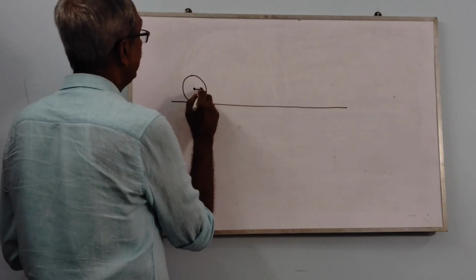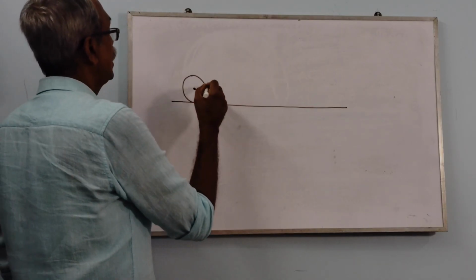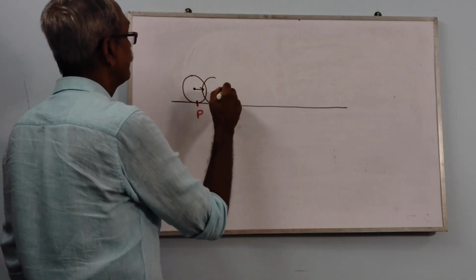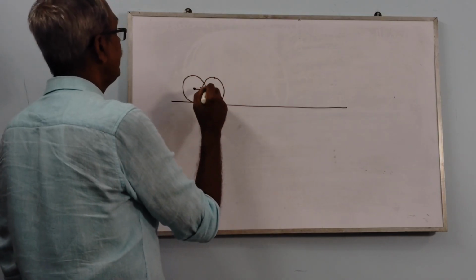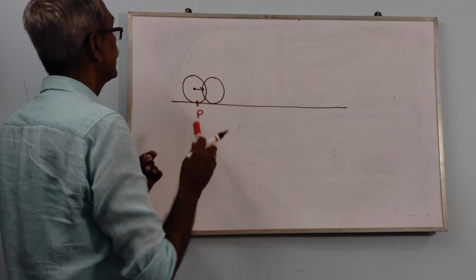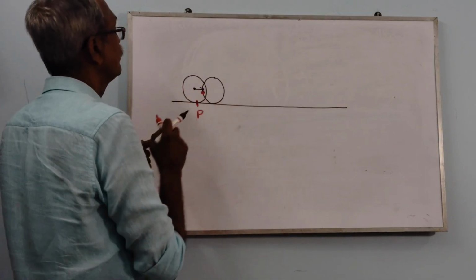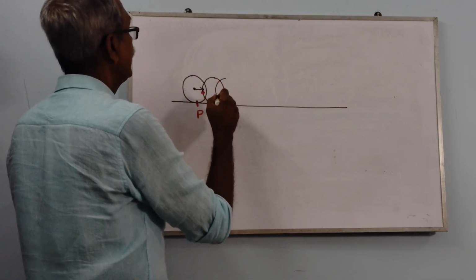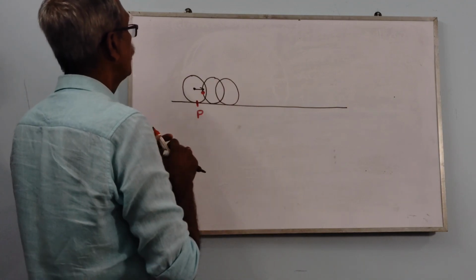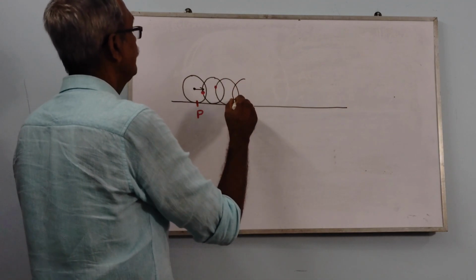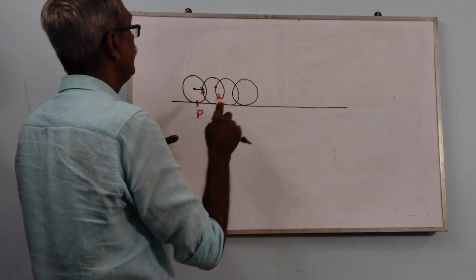This disk is moving like this, and it reaches here. Say this point P will now be here. It is again revolving. This point will be here, and it is again revolving. This point will be here, like this.